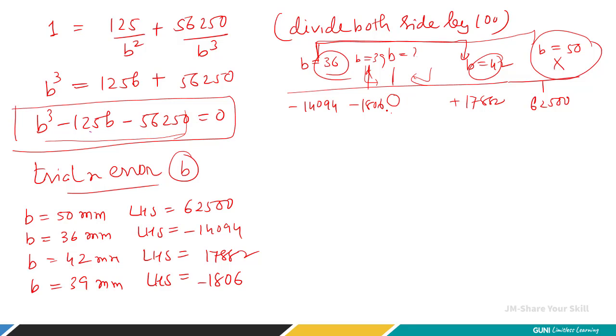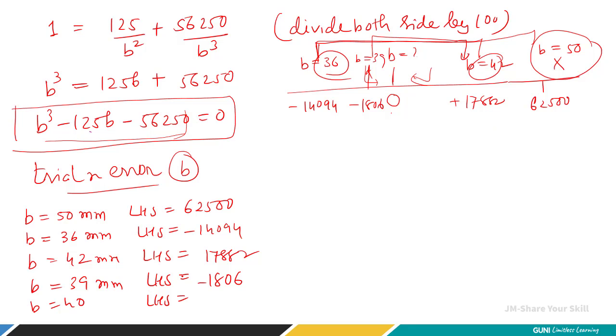Okay. Now here, let's take the average of 39 and 42, or let me simply take a value of 40. The average will actually be different: 39 plus 42 divided by 2, so it's going to be 40.5 something, right?